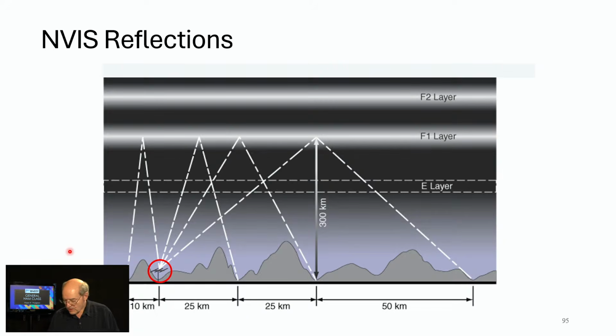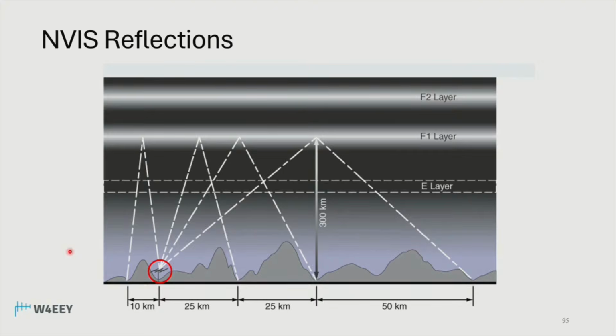So I'm going to switch to the iPad here for a second. So here's our transmitting site, and here's the point where we want to talk. So I couldn't make it this way, direct through, because I've got to talk through this mountain. But I could, via near vertical incidence skywave, come up and then back down again and fill in that hole. So that's the concept of how that works.